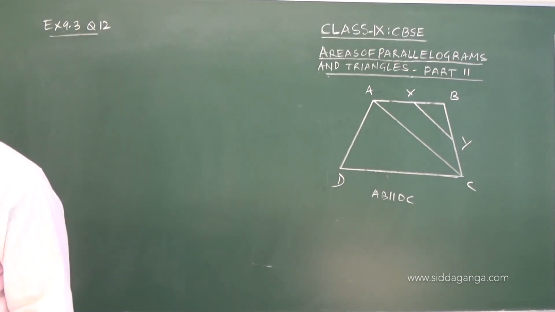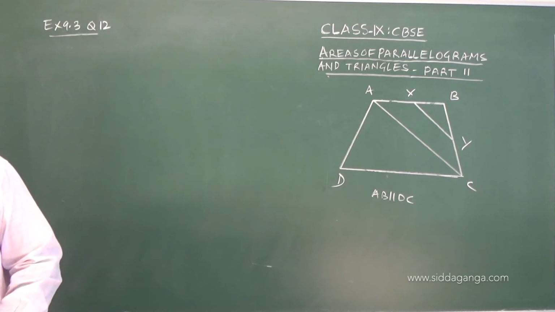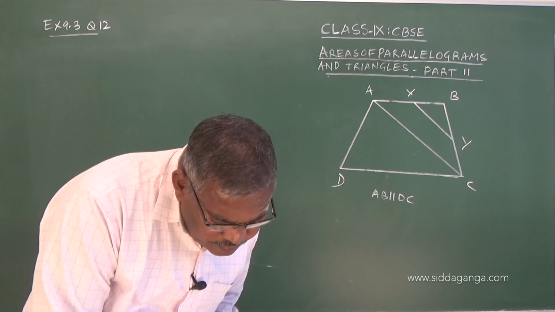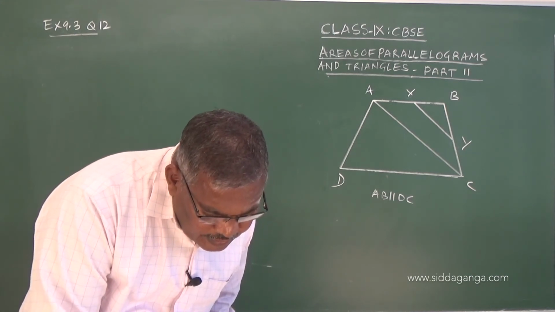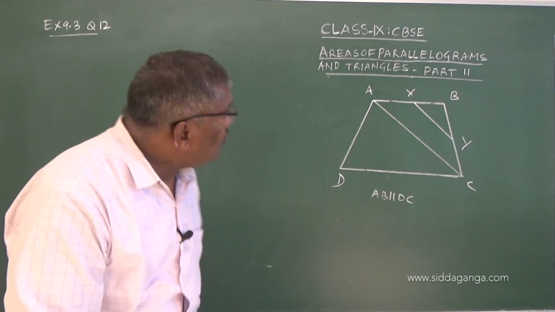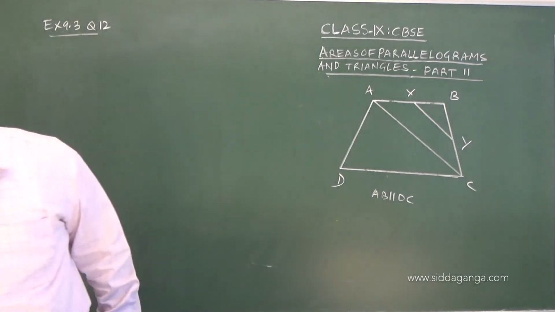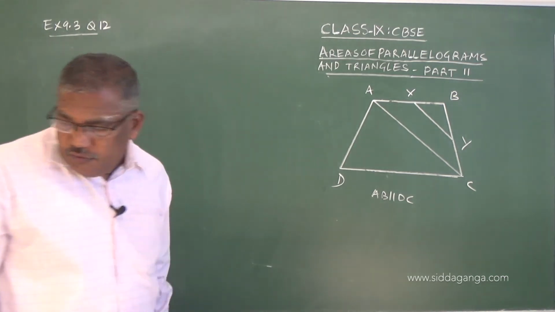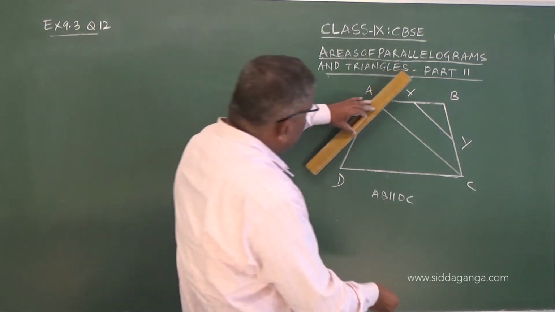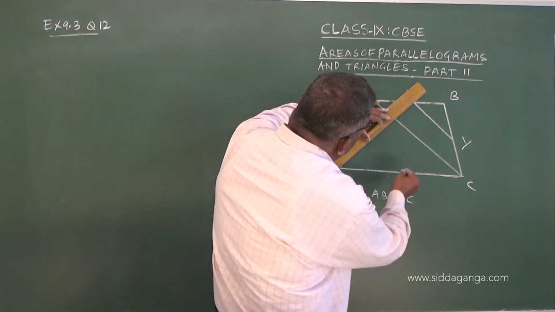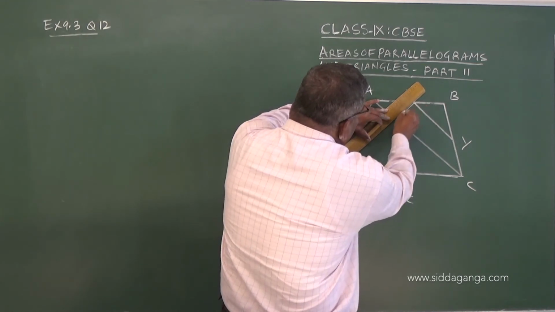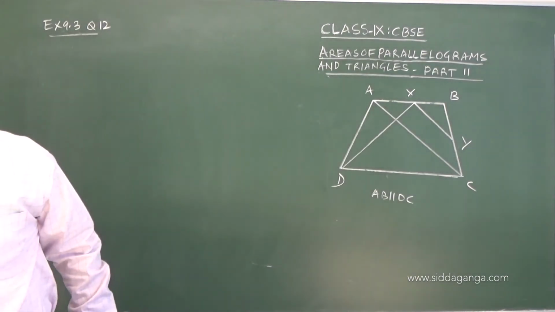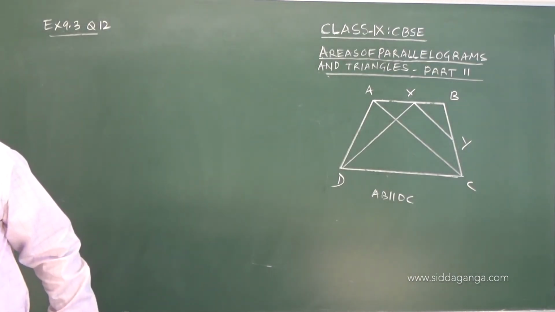Now, ADX, ACY we have to prove. So ADX, that means we have to join that. ADX is required, so we have to join this. And what else we need?